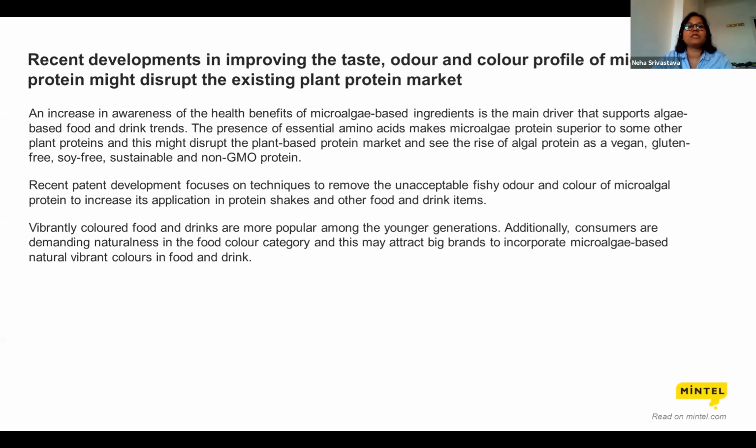They are using mostly the macroalgae as a meat substitute, not the microalgae. So maybe they will be using some components, some nutrients from microalgae, but in the case of meat substitutes, they have mostly focused on macroalgae.